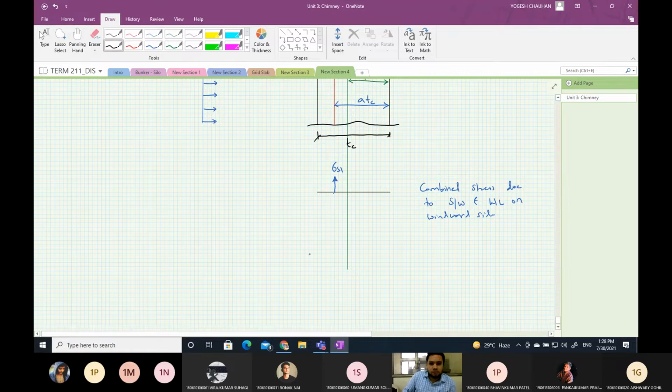And the stress distribution due to temperature: this is sigma s by n, this is sigma c.